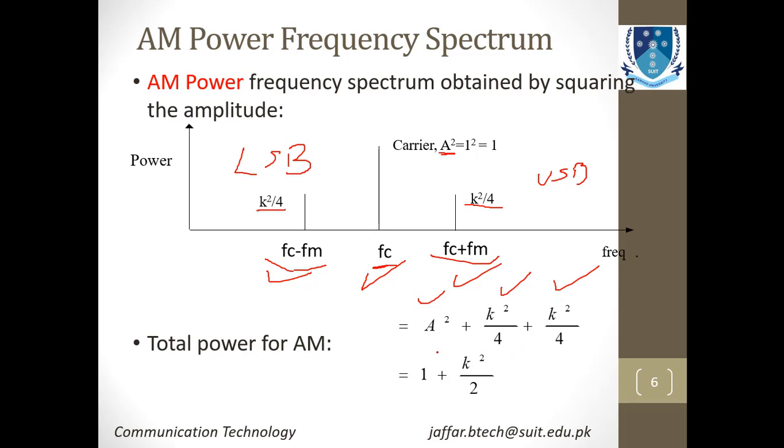So if the value of a is equal to 1, you will get the total power like this, 1 plus k square by 2. So this will be the total power of AM, and this will be much higher as compared to other techniques that we will be following in the coming lectures, inshallah.